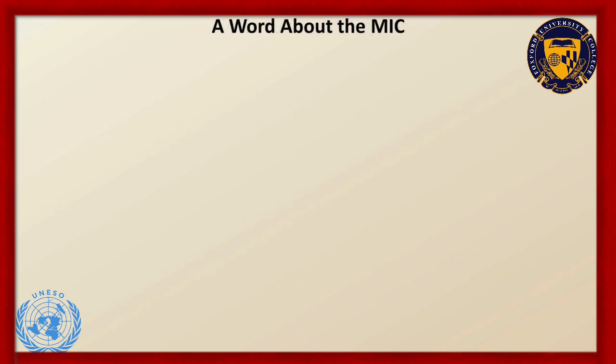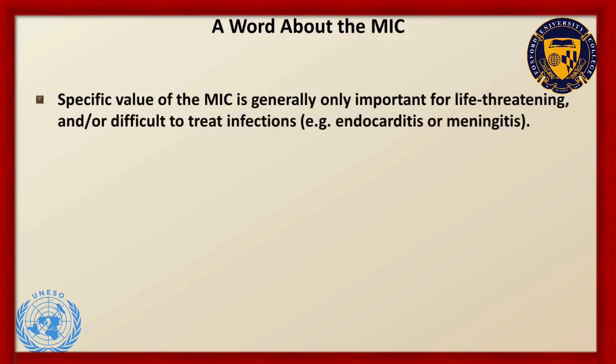The MIC can be a confusing topic when discussing antibiotics. The specific value of the MIC is generally only important for life-threatening and/or difficult-to-treat infections, such as endocarditis or meningitis. While as a general rule, the lower the MIC is, the more susceptible the bacteria is to a particular antibiotic, there is no one cutoff that is universally applicable.